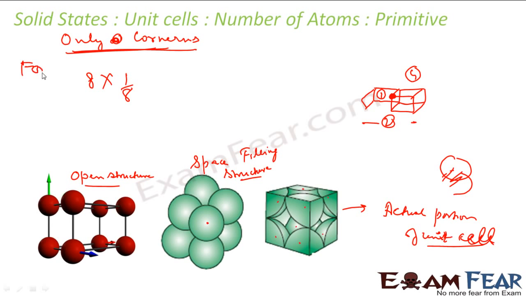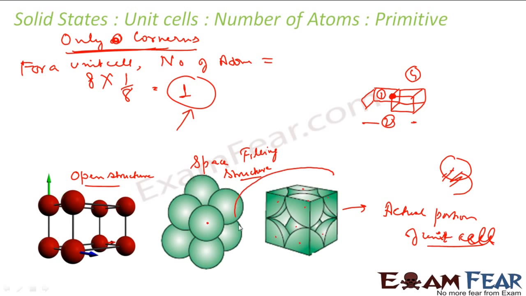So for a unit cell, the total number of atoms is 8, and each is shared by 8, so it is 1/8. 1/8 of the sphere is only here, so 1/8 into 8, total is how much? 1. So there is only one atom actually in this unit cell.